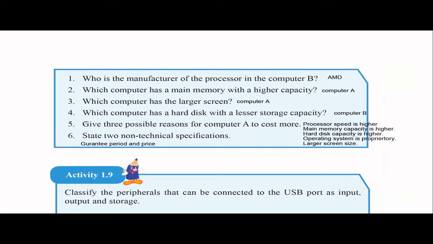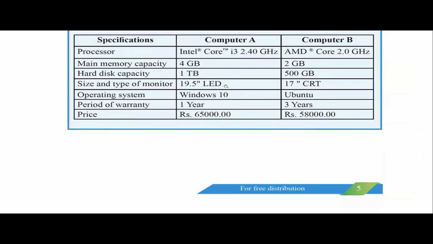For the fifth one, they ask for three possible reasons for computer A to cost more. Computer A has a Core i3, this is Core 2. The main memory is higher, hard disk capacity is higher. The size of the monitor is higher, and it uses the new technology as well, LED, not CRT.